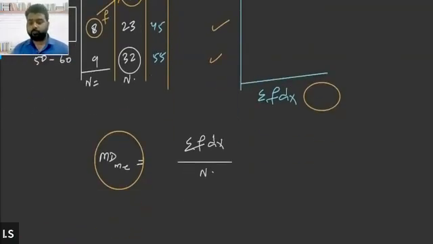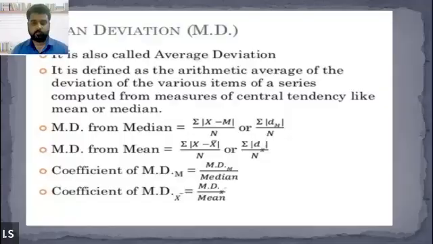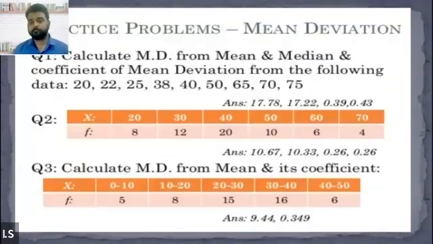Let me also give one more question to you for your practice. So question numbers first, second, and third you need to do, Alexander, and do all these questions by median only.